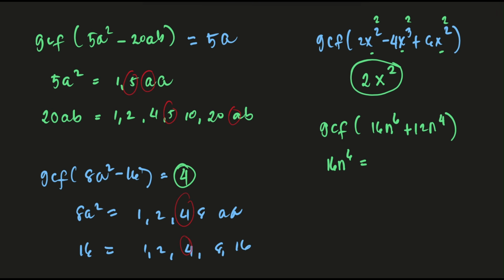Factors of 16, we have 1 times 16, 2 times 8, and 4 times 4. And n was repeated 6 times. For our second term, we have 12n to the power of 4. Factors of 12, we have 1 times 12, 2 times 6, and 3 times 4. Now, n was repeated 4 times.